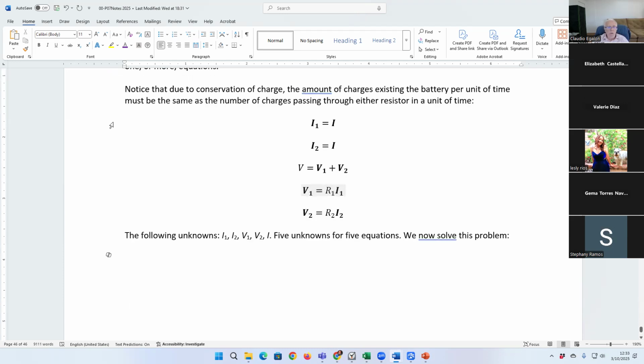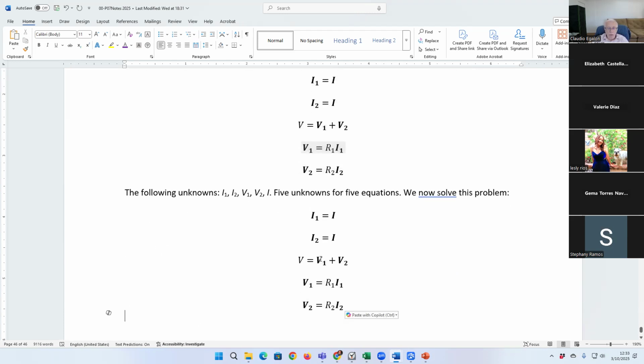I'm going to use this one right here. Copy and paste. Using the first one, we get this value. Using the second equation, we get this new equation. Since I already used the first 2 equations, I can eliminate them.